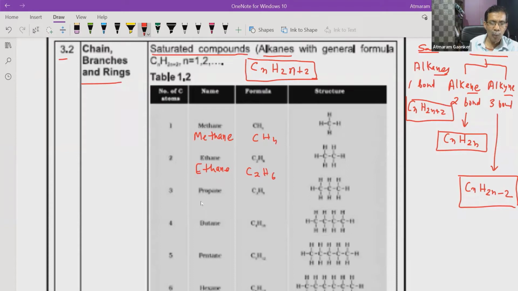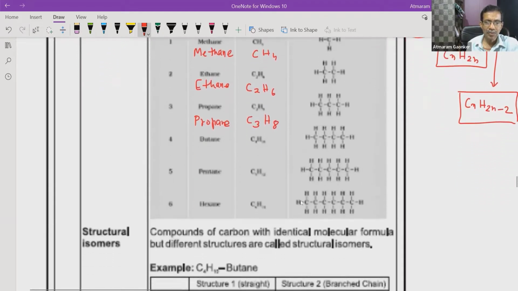Then we have propane. Propane is C3H8. Double of 3 is 6 plus 2 will be 8. And this is the structure. Then butane. Butane has 4 carbon atoms, and this will be H10.